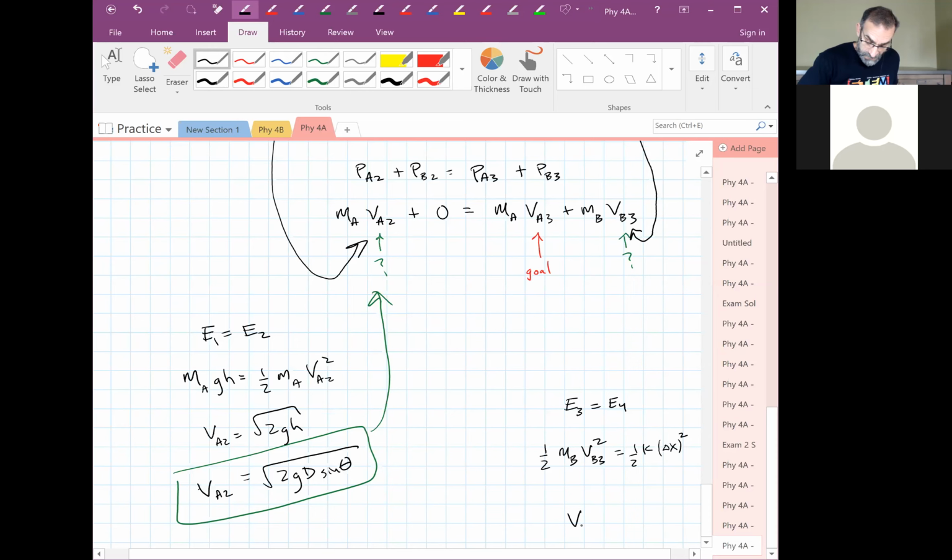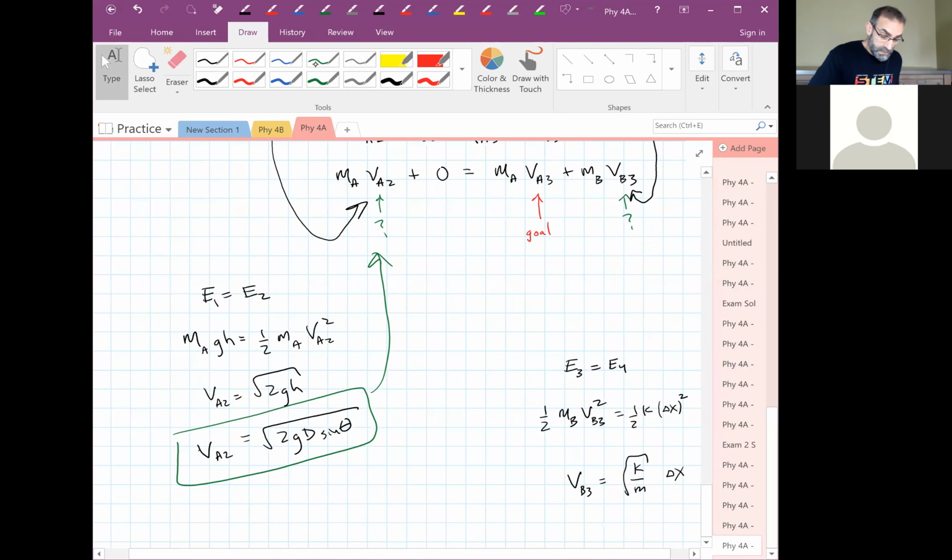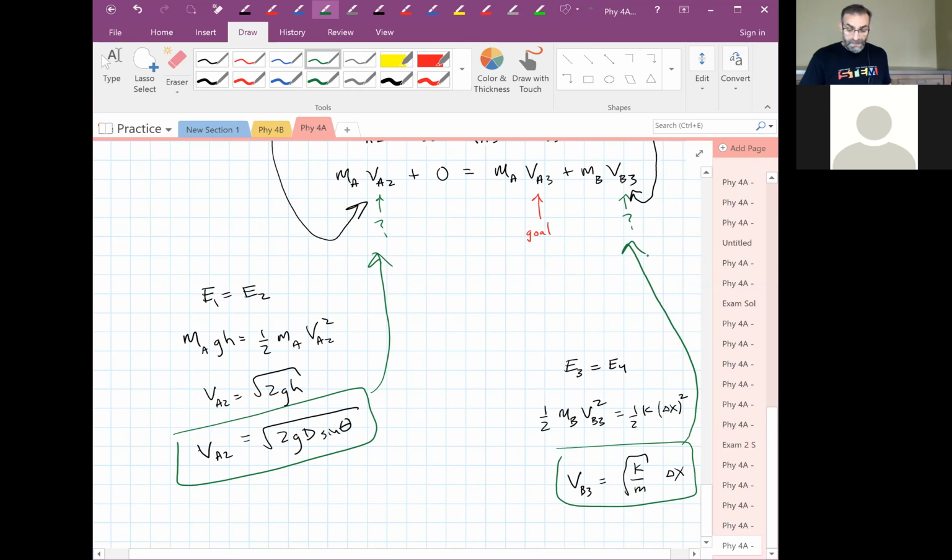So the velocity of B at time 3 is the square root of k over m times x. Now we can plug that in and solve for VA3. If we get a positive number, it's moving to the right. If we get a negative number, it's moving to the left.